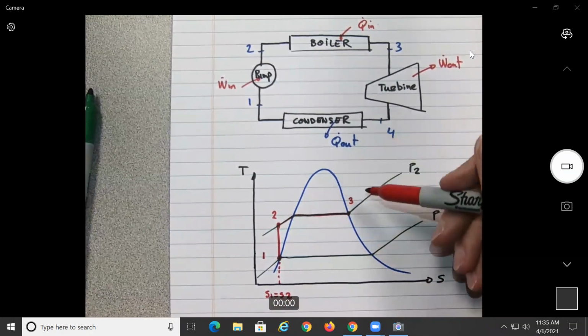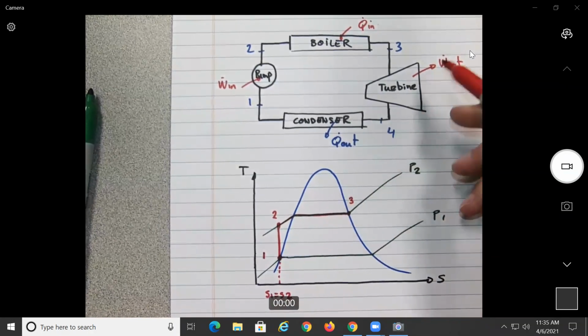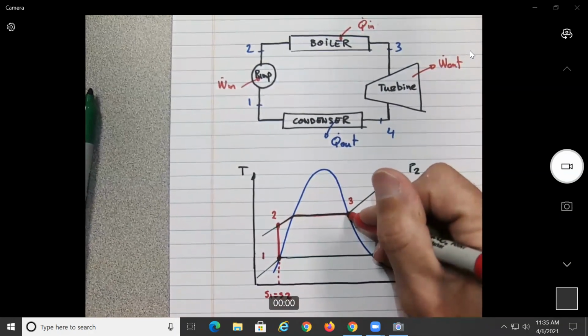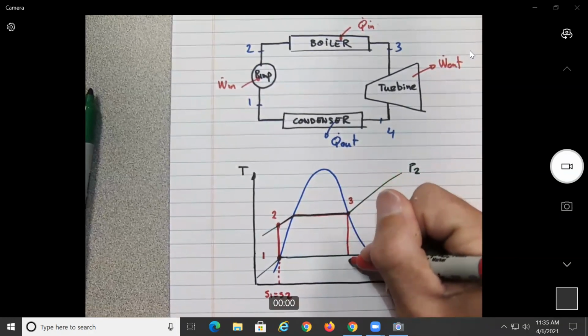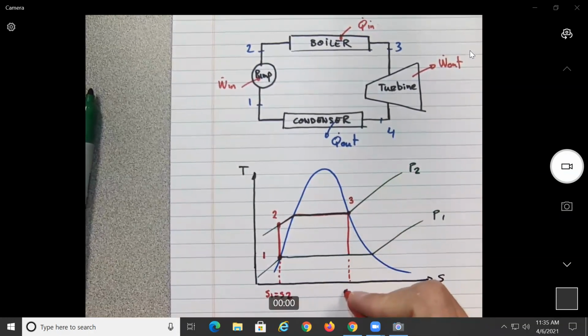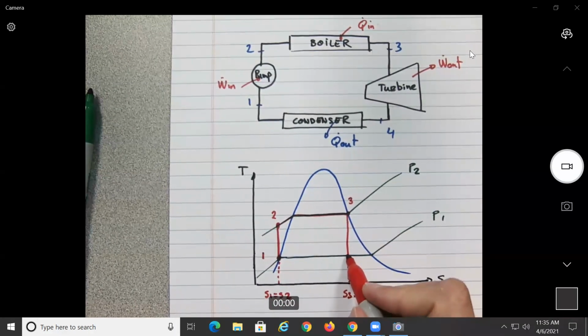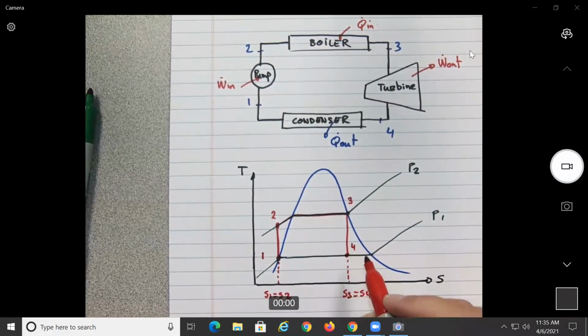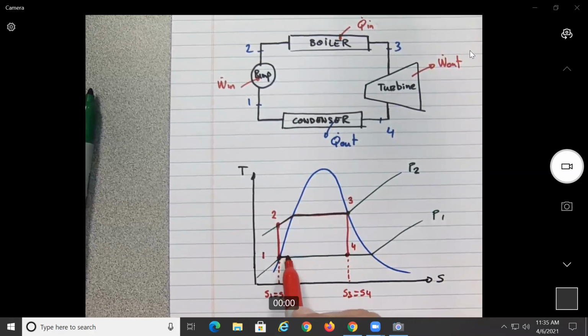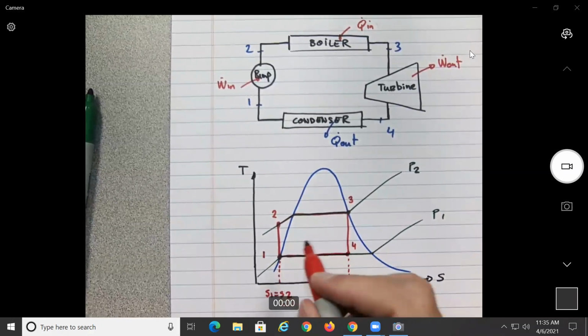If it's an ideal turbine, this should be working isentropically, so we have S3 equal to S4. So that means that state 4 will be here, and then we go back to the beginning of the system.